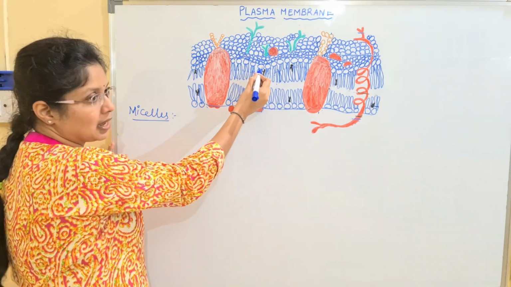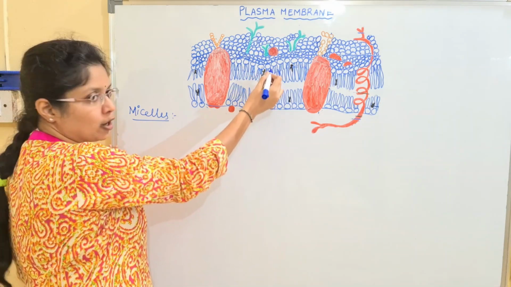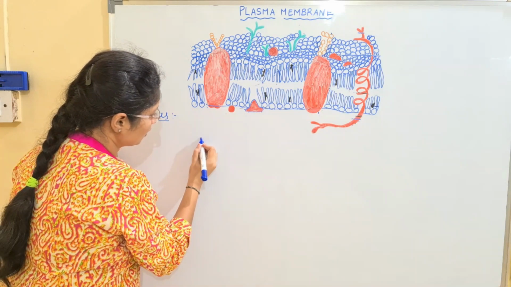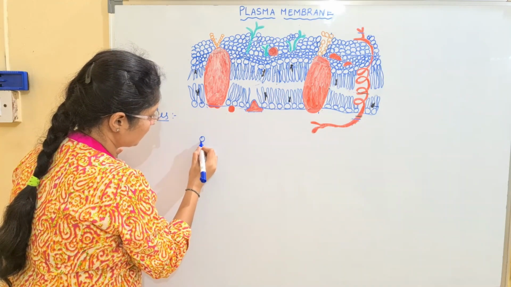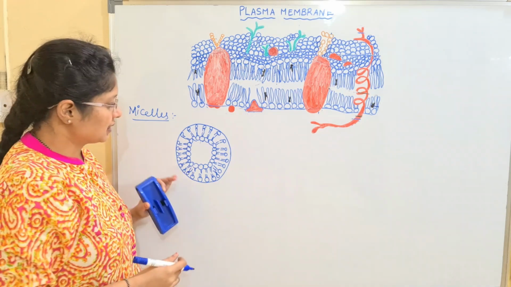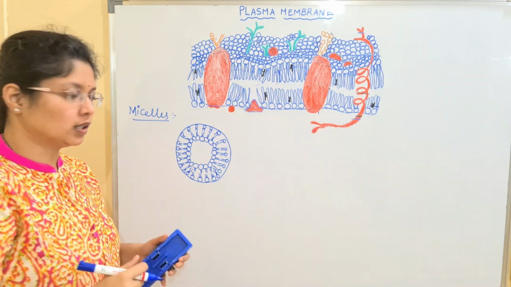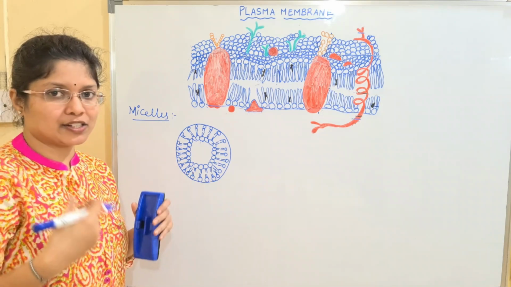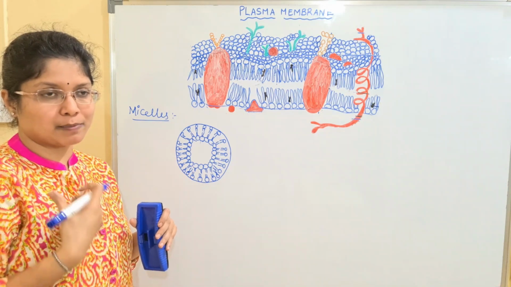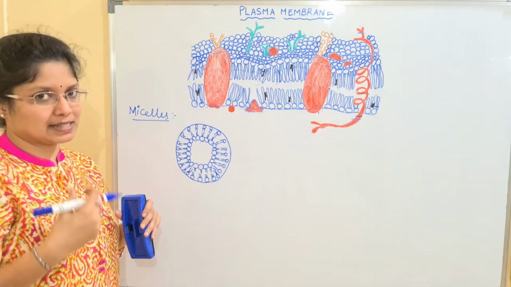One is the polar region, and the other is the non-polar region. So all the polar groups will be present like this. Look at the structure carefully, children. If you place a certain amount of lipids inside the water, what will happen? The lipids will arrange in a spherical form, and the spherical form is known as a micelle.